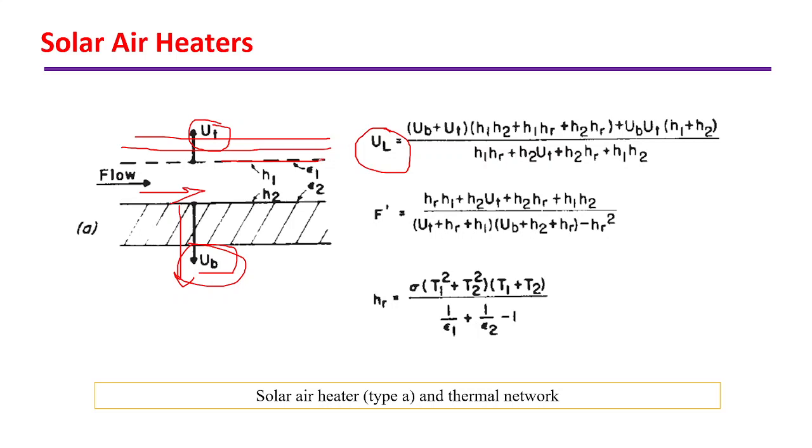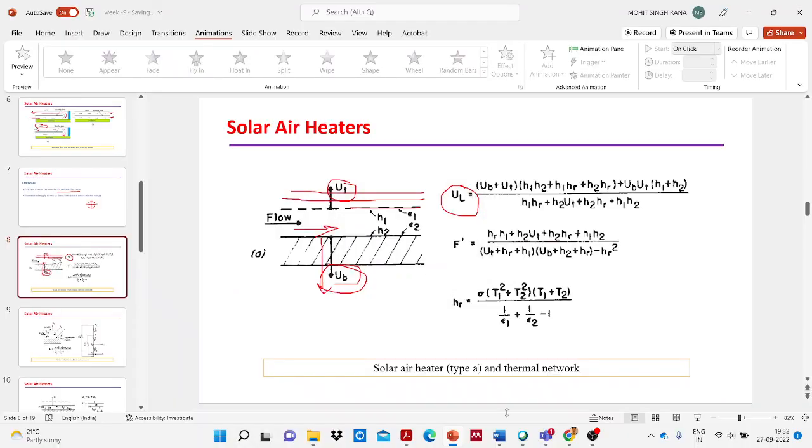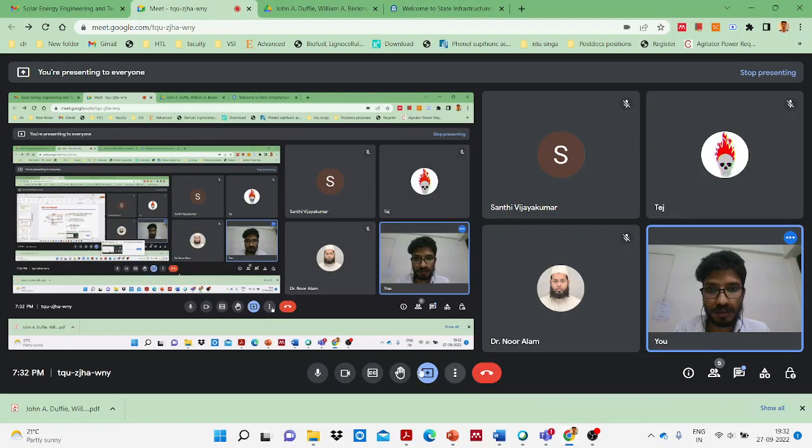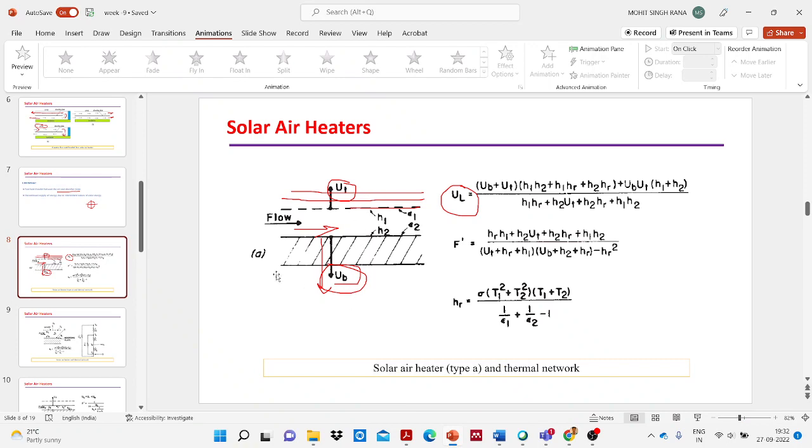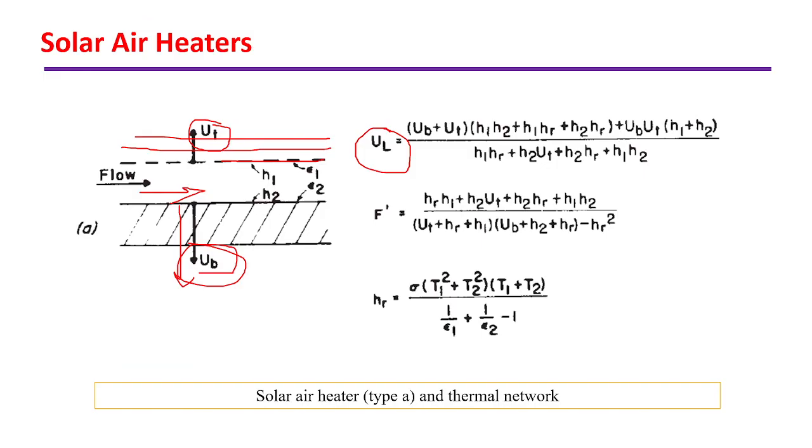When we calculate the overall heat transfer loss, we have to compute mainly the top loss and the bottom loss in the case of the solar air heater system.